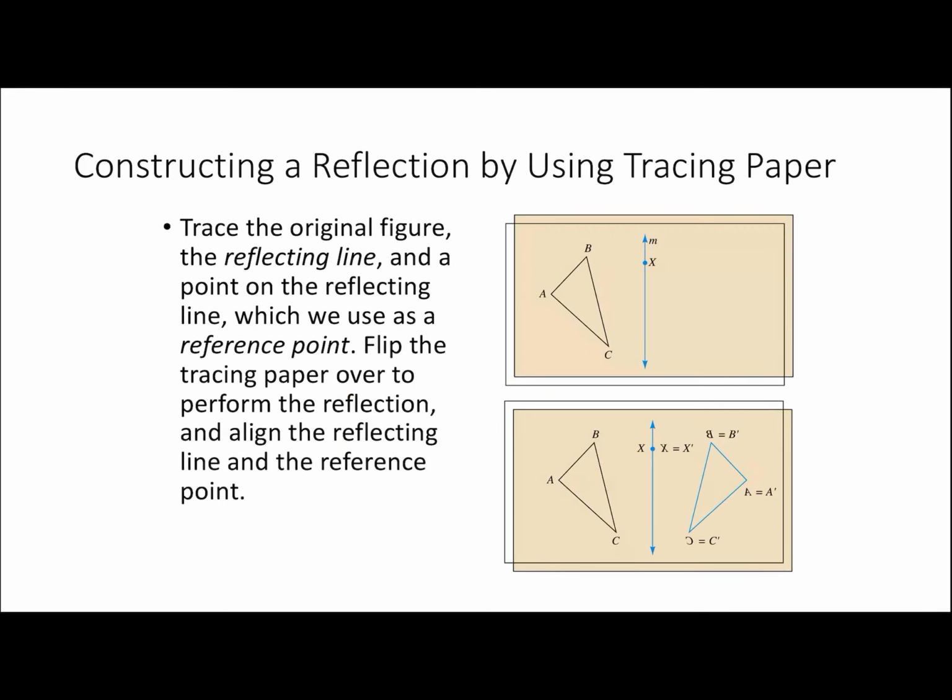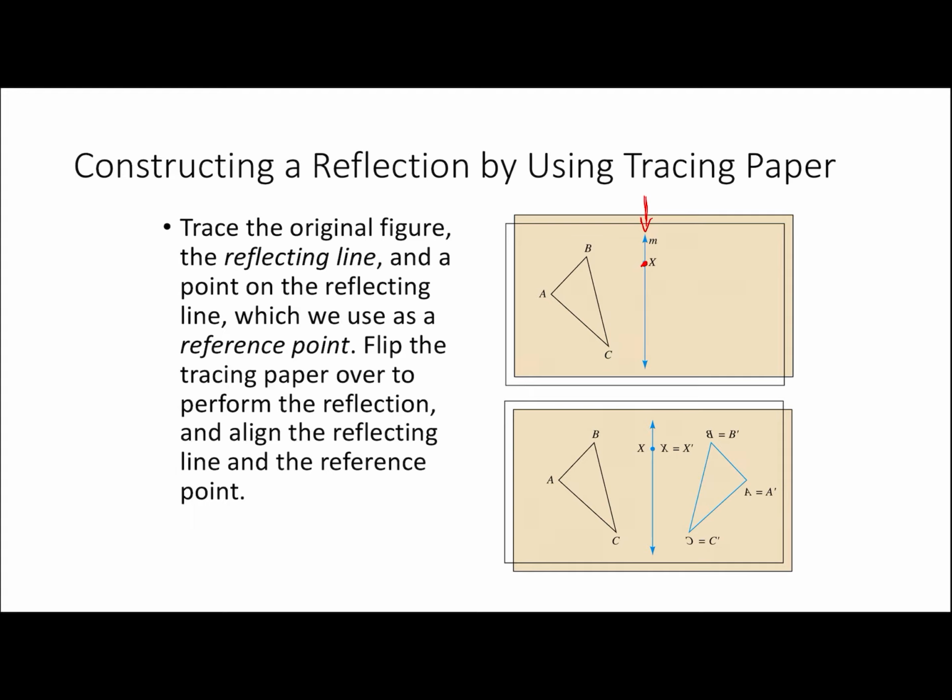All right, so how could we do it with tracing paper? This actually is pretty easy to do as well. You start out by drawing a figure, and you draw a reference line. So this vertical line is your reference line, your reflecting line. And you're going to put a point on that line as a reference point.